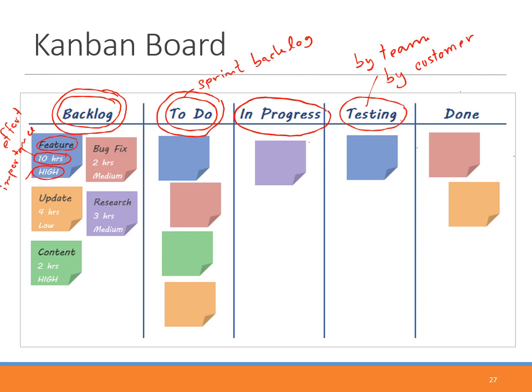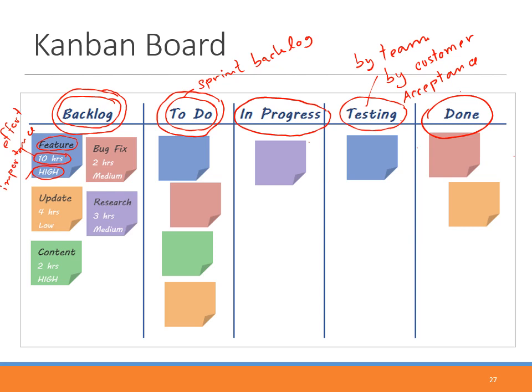So this is supposed to be an acceptance test. You cannot claim that the work is done unless it is accepted by the customer. And once the acceptance test is done, complete, and satisfied, you can move it to the done lane.